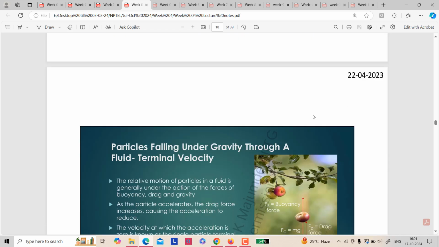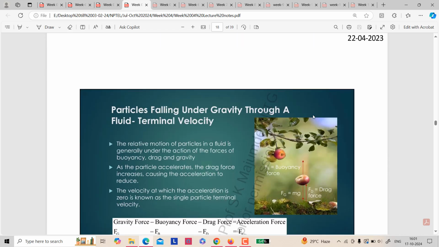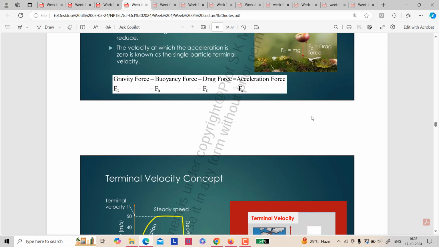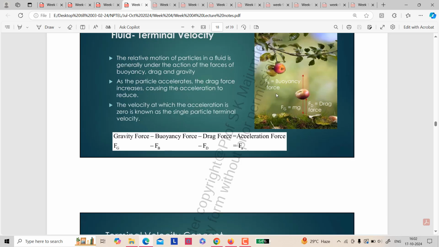Next comes the terminal velocity. That means under gravity, at what velocity a particle can fall. So how is terminal velocity calculated? Depending on the forces around the particle. Suppose this is a particle, this is an apple here, but think of it as a particle flowing through a fluid.